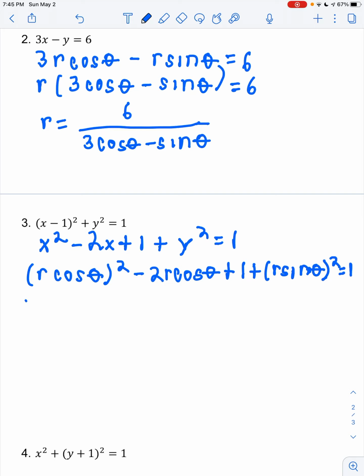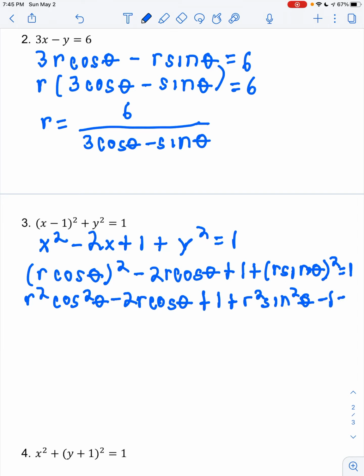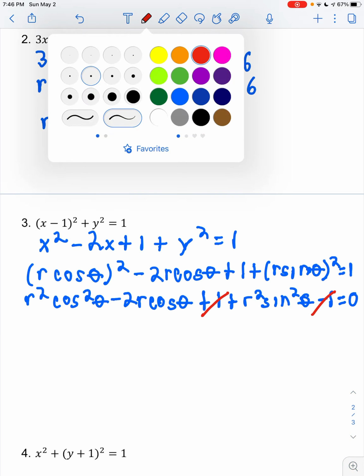So on the left side, we get r squared cosine squared theta minus 2r cosine theta plus 1 plus r squared sine squared theta. And I'm going to go ahead and subtract 1. And when I do that, of course, the 1's are going to cancel. So that 1 and that 1 are going to undo each other.